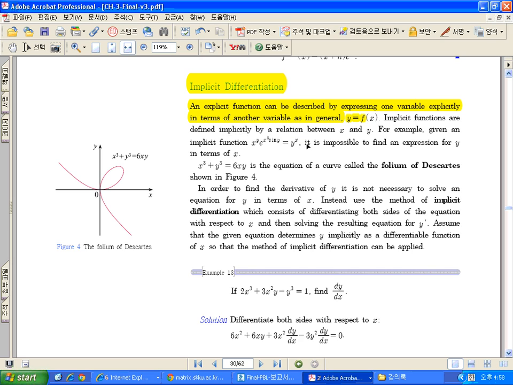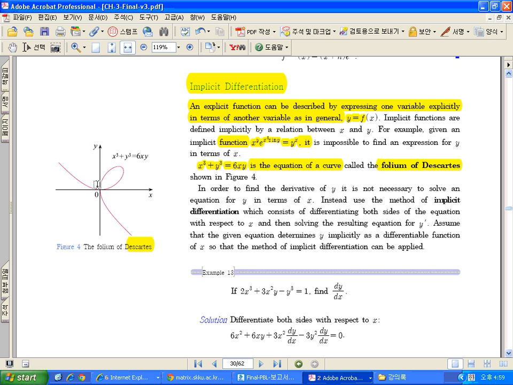This is an example of an implicit function. This is also an example of an implicit function, the equation of a curve called the folium of Descartes. This is a very nice and useful graph, but it is represented in this way.